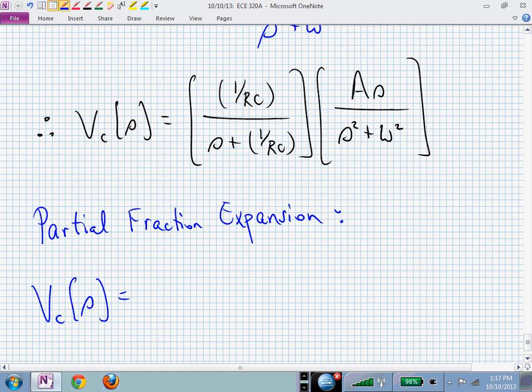And what are you looking at? To do the partial fraction expansion, what do you focus on? The denominator. You look at that denominator expression and you try to factor it into real factors and potentially quadratic factors that correspond to complex poles or complex roots.